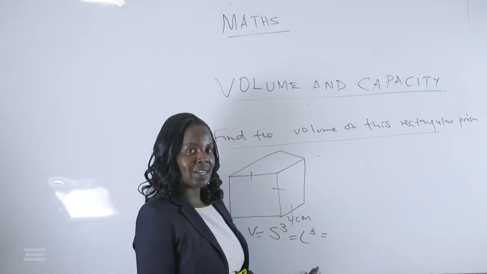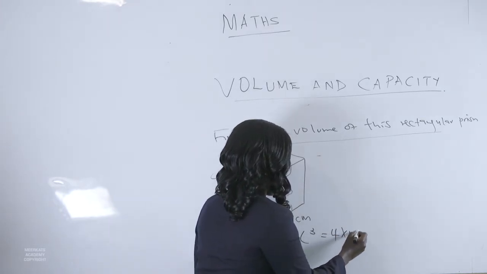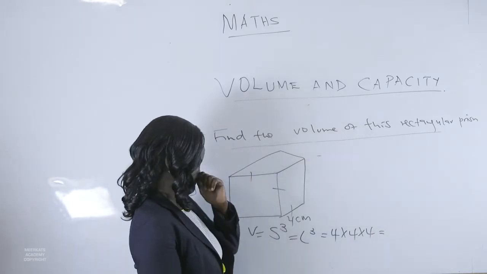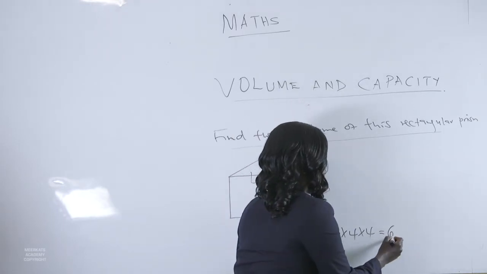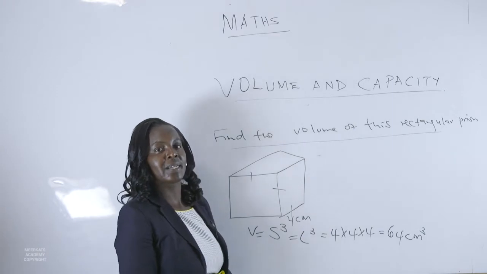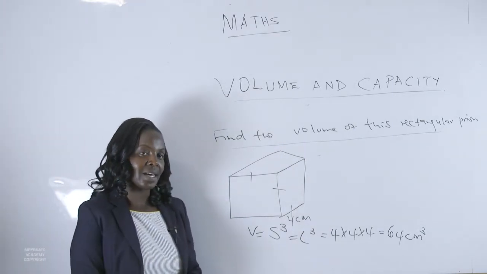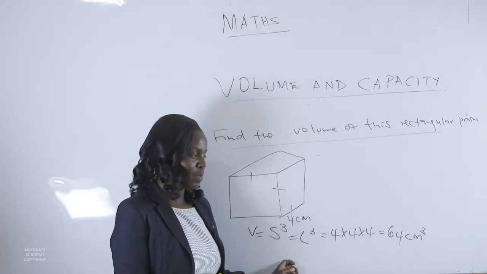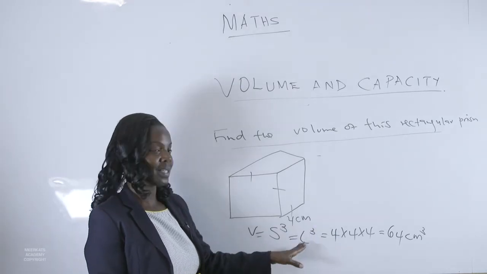If we substitute the values in the formula, we have 4 times 4, which is 16, times 4, that will give us 64 cubic centimeters. So to calculate the volume of a cube, this is the formula: length cubed or side cubed.